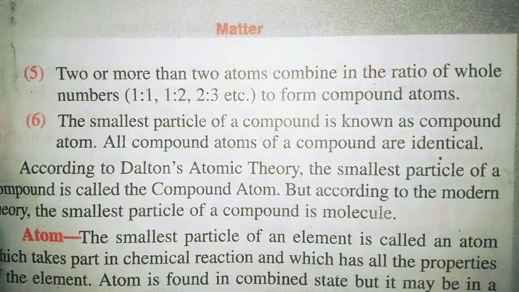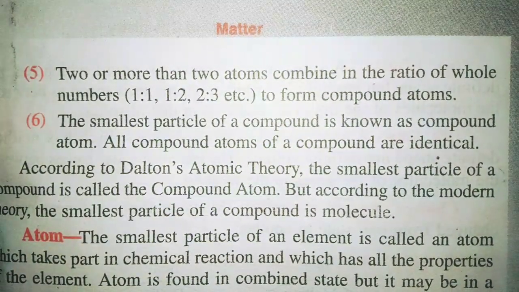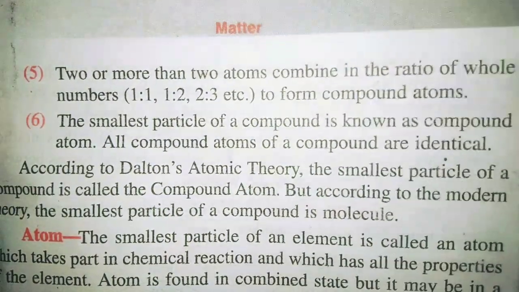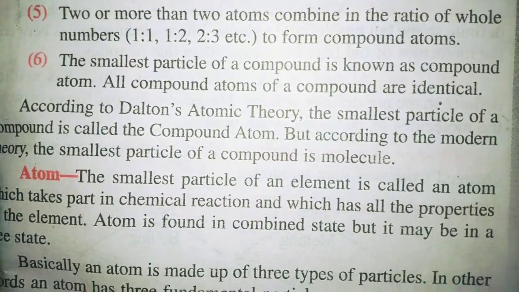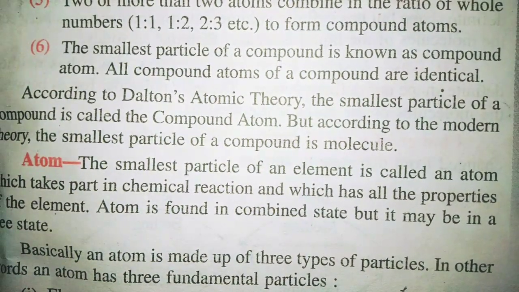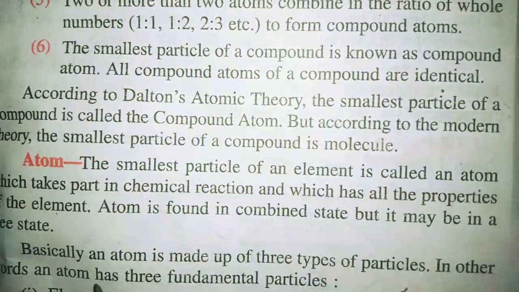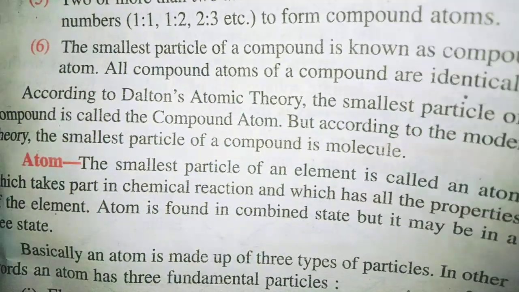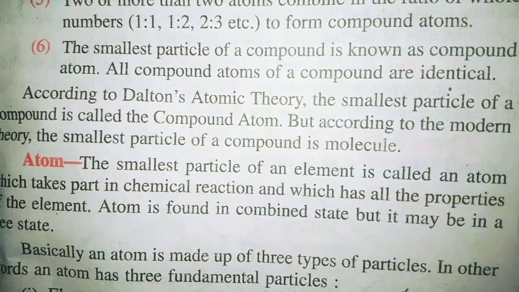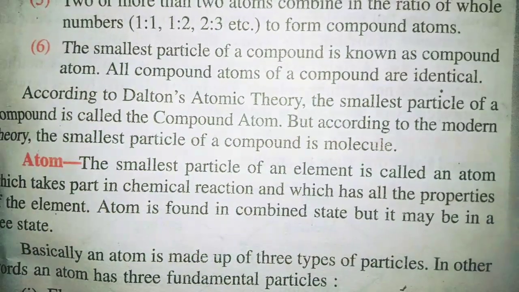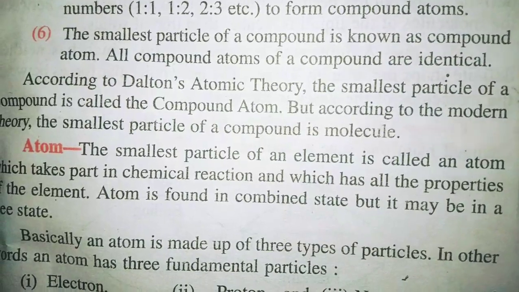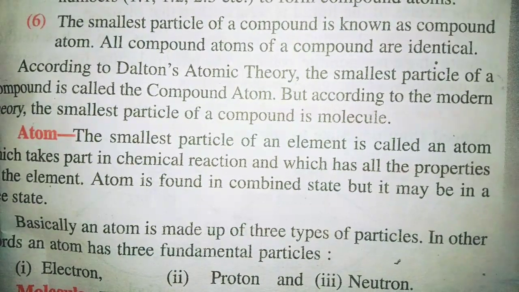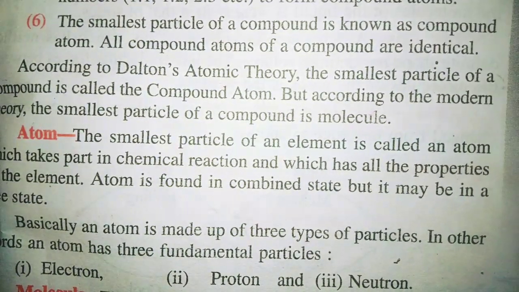An atom is found in a combined state, but may it be in a free state? Basically, an atom is made up of three types of particles. In other words, an atom has three fundamental particles, that is electron, proton and neutron.